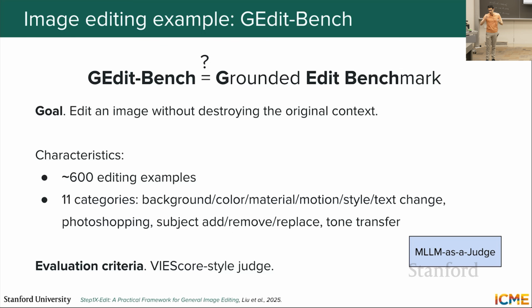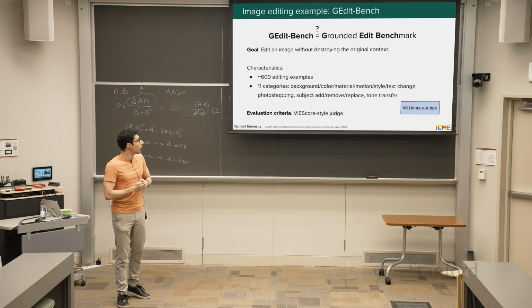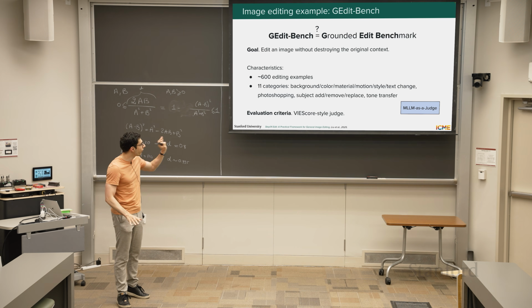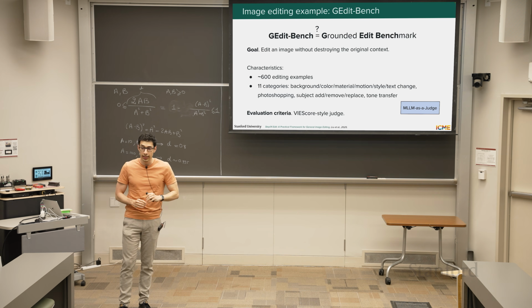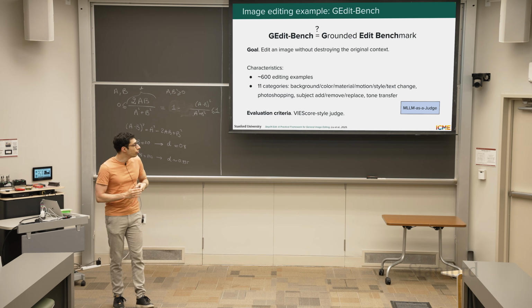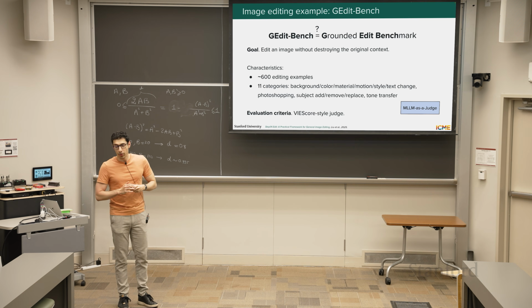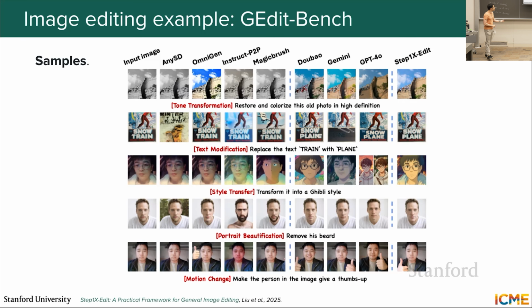So you ask a task about it, for example, replacing some background, changing colors, and so on. You have 11 such tasks. And you use an MLLM-as-a-Judge model that operates on both perceptual quality and semantic consistency to judge the output. Here's the figure from their paper on what it looks like.